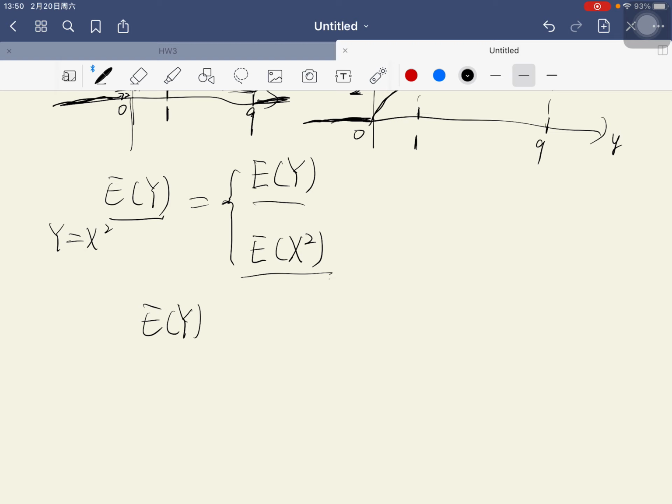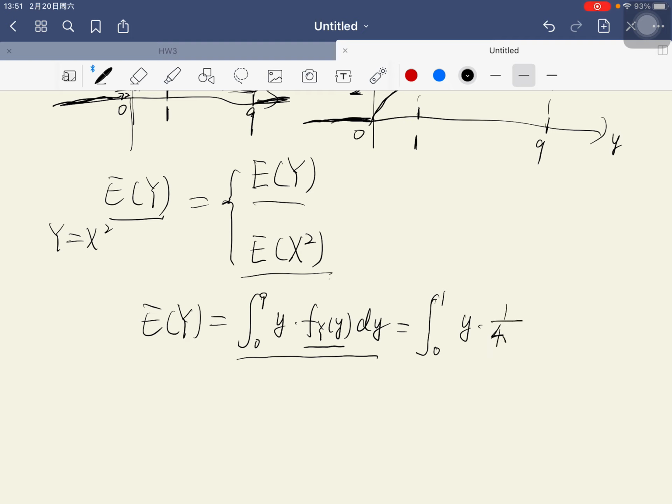The expected value of Y is equal to the integral of y times the density function of Y. Because the Y range is from 0 to 9 but the density function has two formulas, we could split it: the range 0 to 1, y times 1 over 4 times the root of y, and the integral over the range 1 to 9, y times 1 over 8 times the square root of y, and we could compute it.